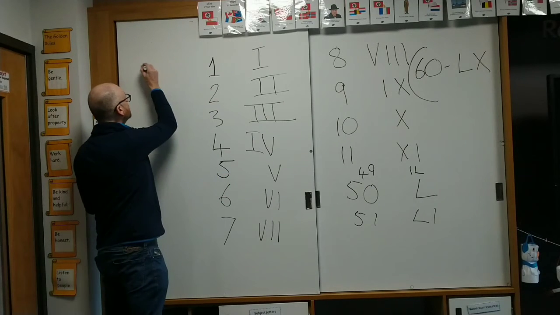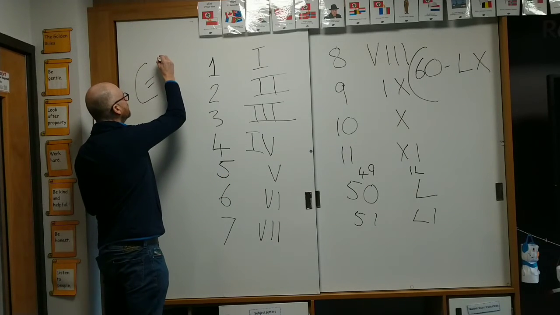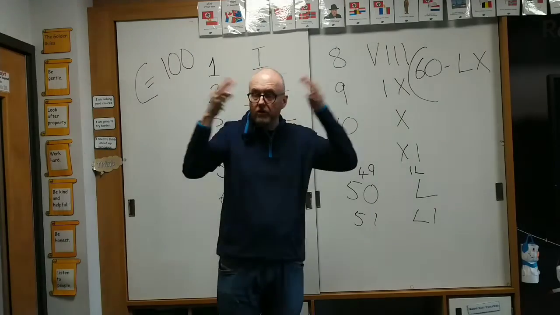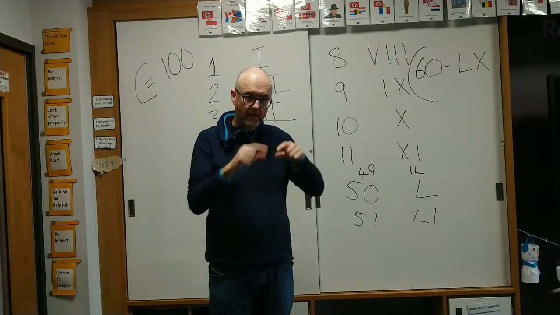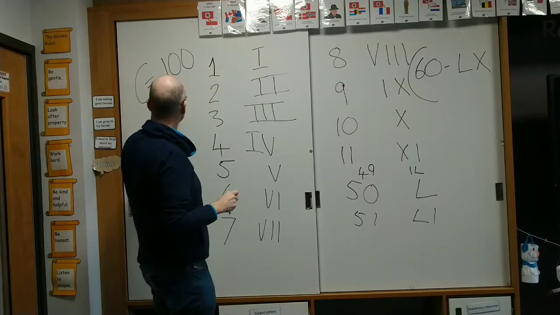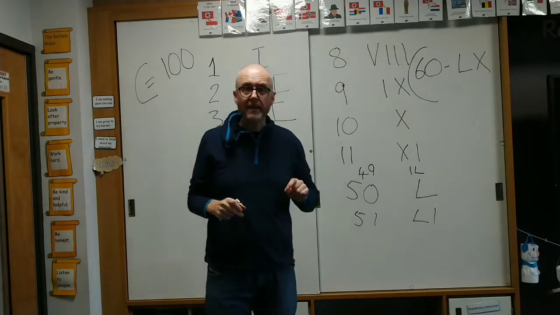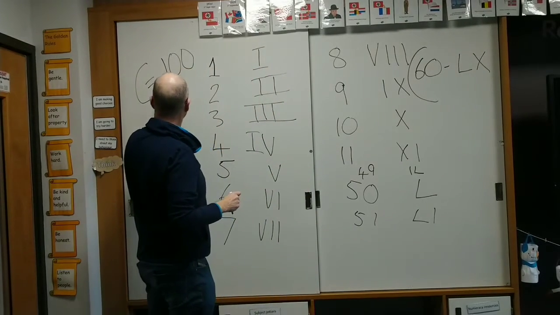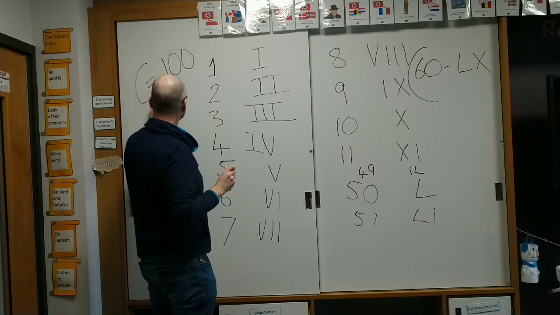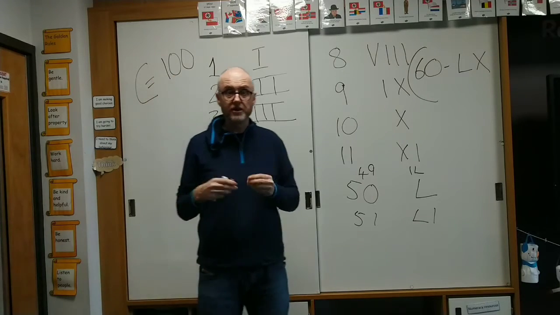So C is 100. It's another way of saying 100. I don't know how you can remember that, but you'll know things like centipedes are supposed to have 100 legs. They don't really. But centimeters, there are 100 centimeters in a meter. That's where our C is.